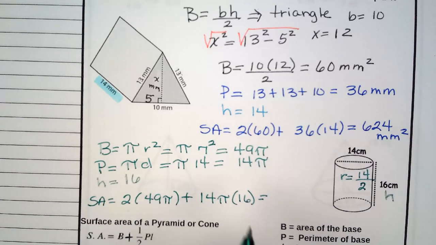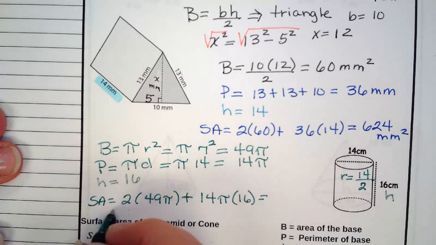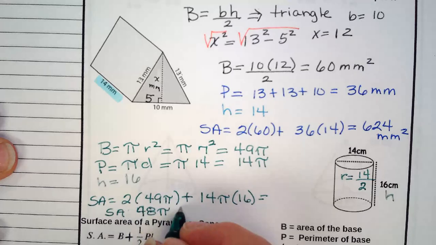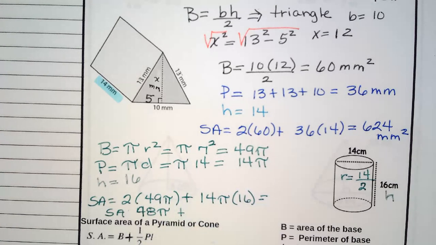Okay, 2 times 49, if it was 2 times 50, it'd be 100, but this is 2 less, so this would be 98 pi plus 14 times 16.